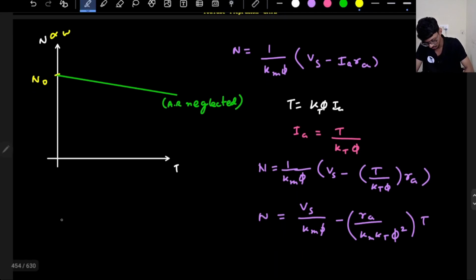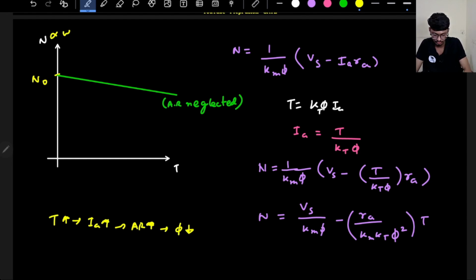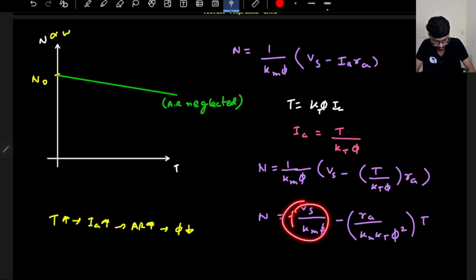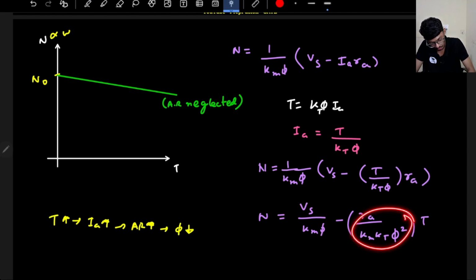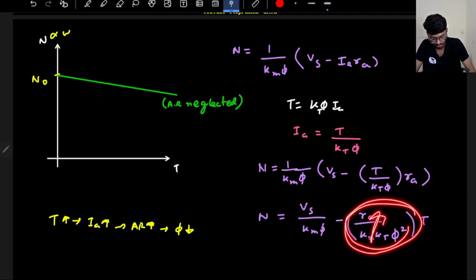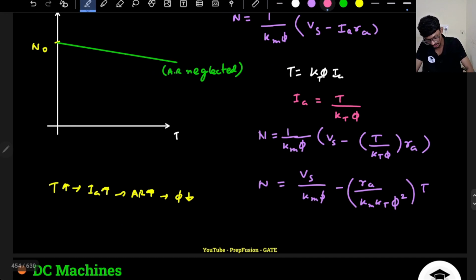If the flux reduces, this value will increase, and this value will increase at a much higher rate. So this is proportional to 1 by flux and this is proportional to 1 by flux square.